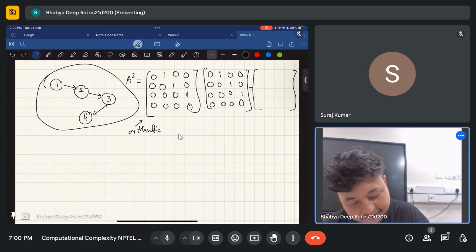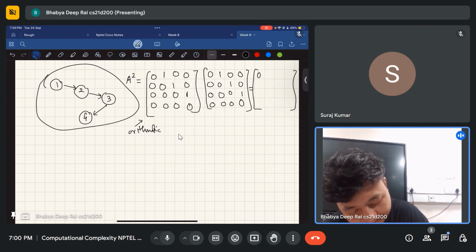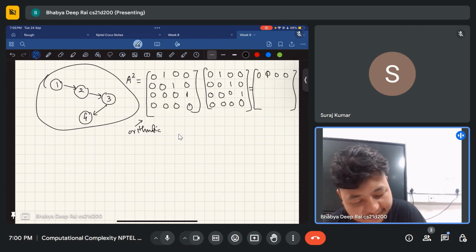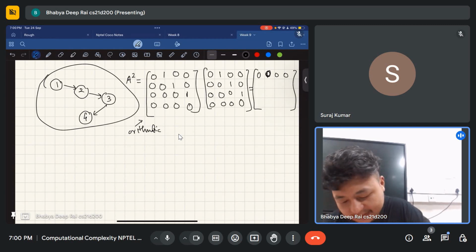So first row, first column is 0. I'll just quickly fill this. First row and second column gives a 0, and the rest gives 0. First row and third column gives a 1.